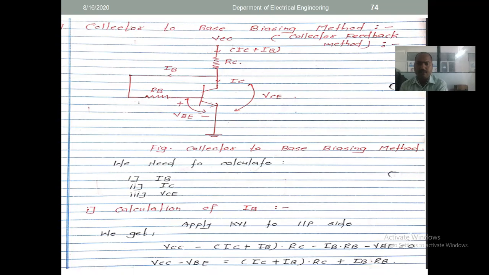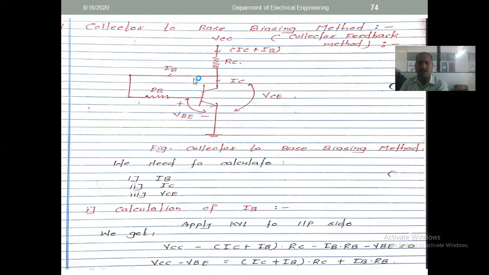Now in this configuration we have to calculate three things: IB, IC, and VC. IB indicates the base current, IC the collector current, and VC the collector to emitter voltage. IB is related to the input side, IC is beta times IB, so it is also related to the input side, and VC is related to the output side. When we calculate IB, the base current, we have to apply KVL at the input side.